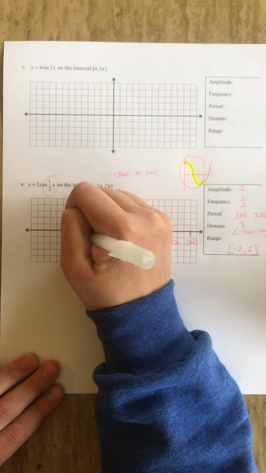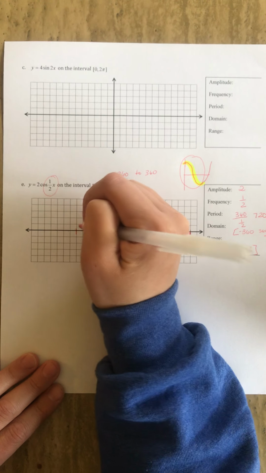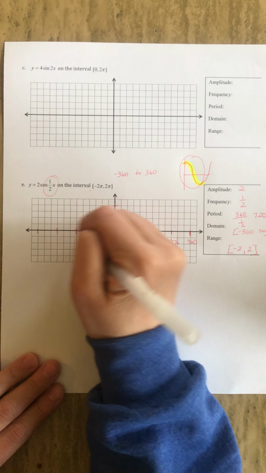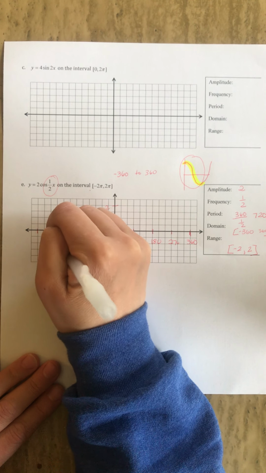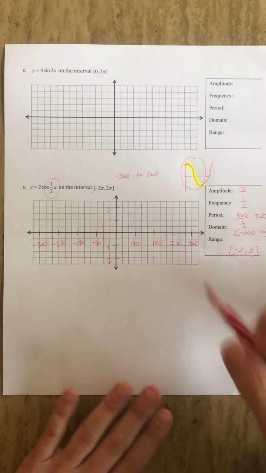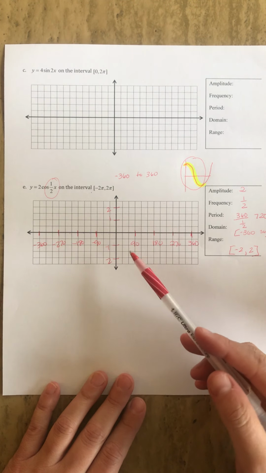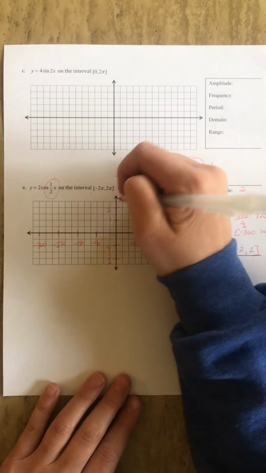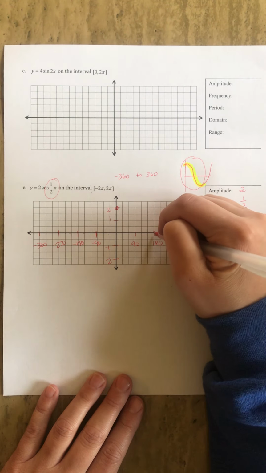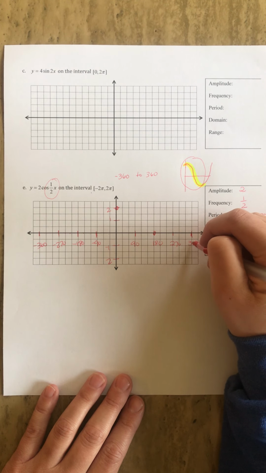We also have to go into the negatives. So we have -90, -180, -270, -360. I'm going to focus in on the positives first. You're going to realize that you're going to start at your amplitude. Halfway, we're going to be at 0, and at 360 we're going to be at -2.